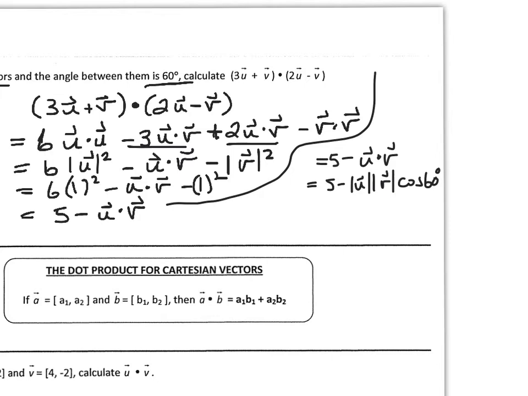Okay, so we didn't really have to do much in terms of actually getting the dot products before and using the angles, because everything was kind of set up so that the dot product of the same vectors just gave us the magnitude squared, and cos of 60 is a half, and we'll end up with 4.5.